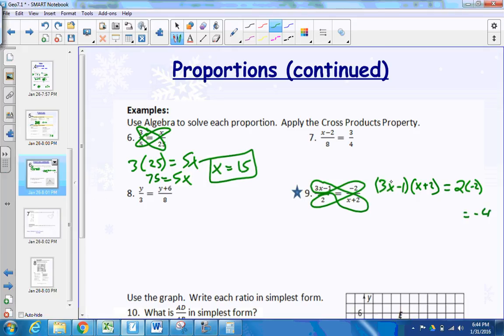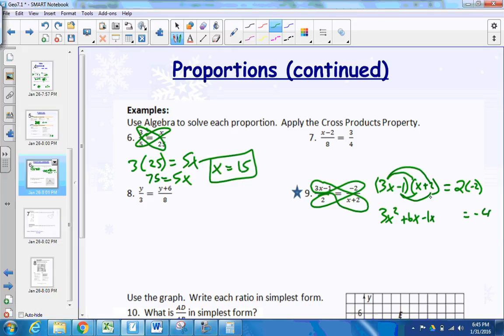But then we have to do the FOIL method, is one way to do it. Otherwise, you're distributing both parts. So I'm going to do the first. It's 3x times x, so it's going to be 3x squared. Outsides, 3x times 2, which would be 6x. Insides, which would be negative 1 times x, which would be minus 1x or plus negative 1x.